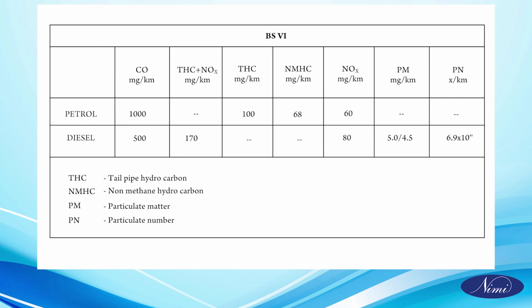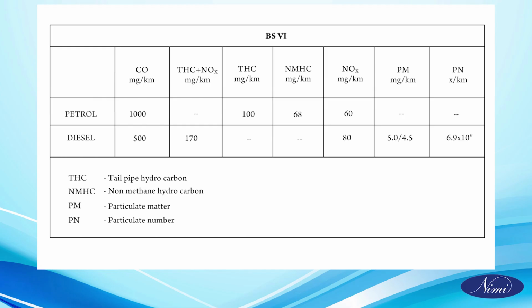Petrol THC plus NOx, milligram per kilometer. Petrol THC, milligram per kilometer: 100. Petrol NMHC, milligram per kilometer: 68. Petrol NOx, milligram per kilometer: 60.